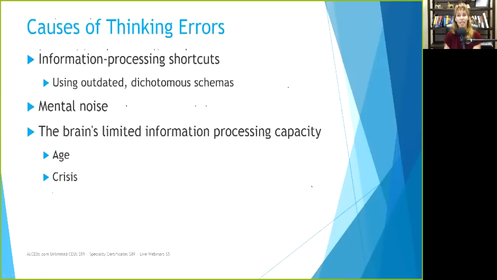Causes of these thinking errors: information processing shortcuts. When we form schemas and we encounter a situation that reminds us of something in the past, like when I go to my grandmother's house, I have a schema, I have a belief system, I have stuff that I know about my grandmother's house.